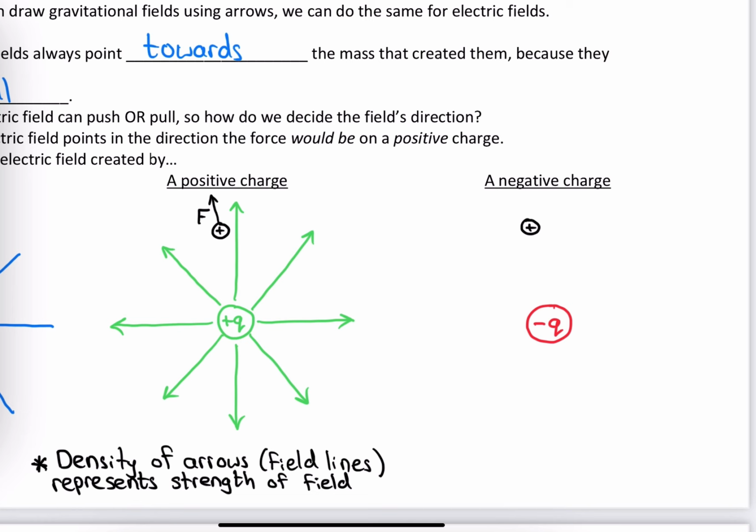Well, because I now have charges with opposite polarity, one positive and one negative, they are going to attract. So this little positive charge is going to feel a pull towards the negative charge. So that means my electric field goes towards the negative charge, in the direction the force would be on a positive charge.